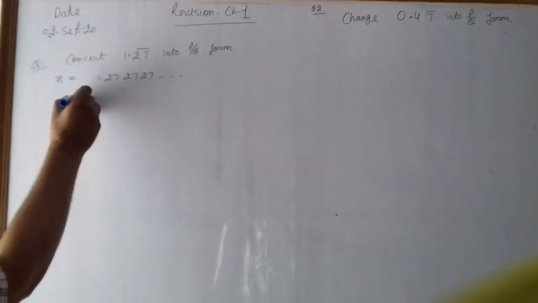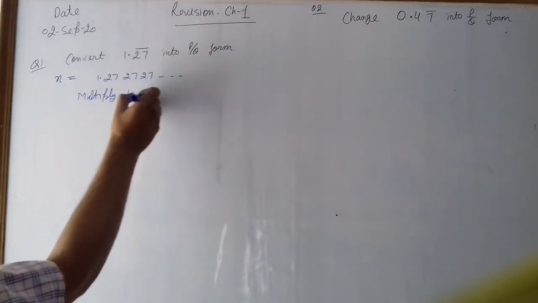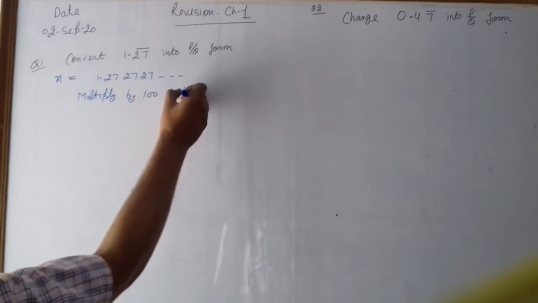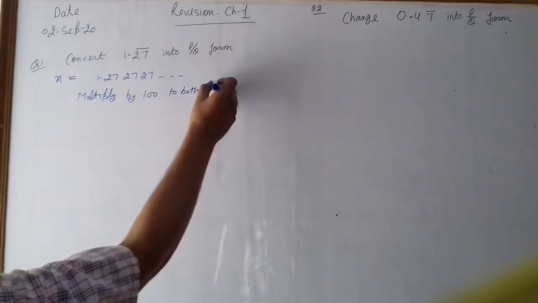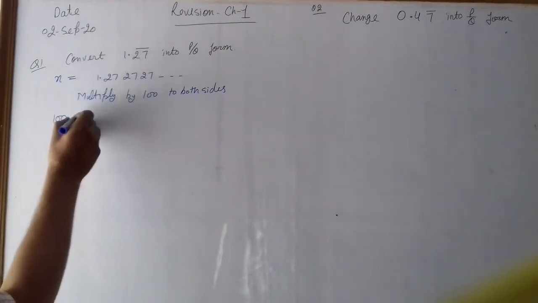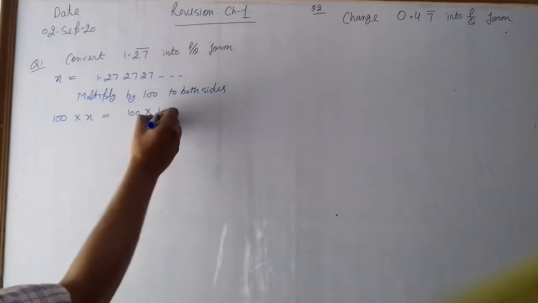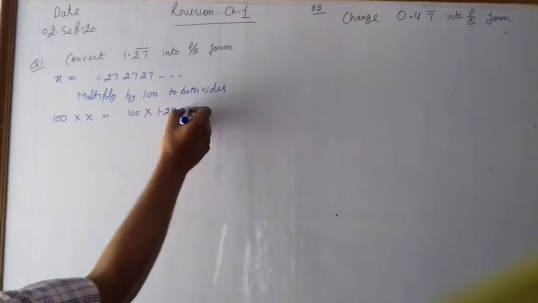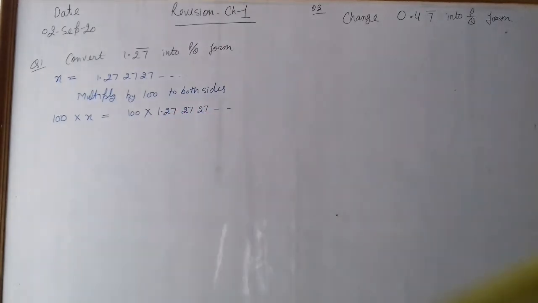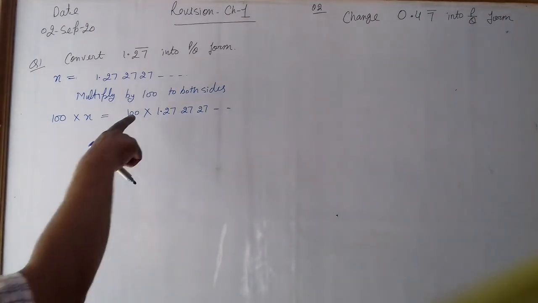So multiply both sides by 100. So 100 multiply x is equal to 100 multiply 1.27, 27, 27 and so on. Right, students? And you know very well, when we multiply by 10, 100 or 1000, the decimal shifts to the right by two digits.